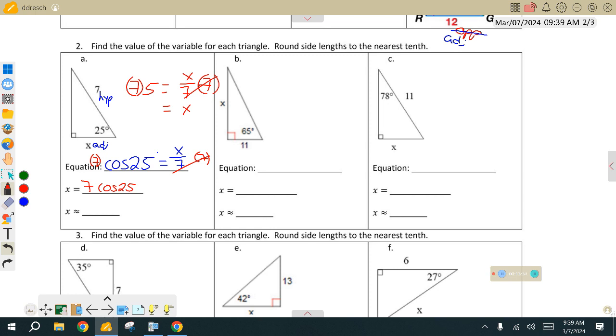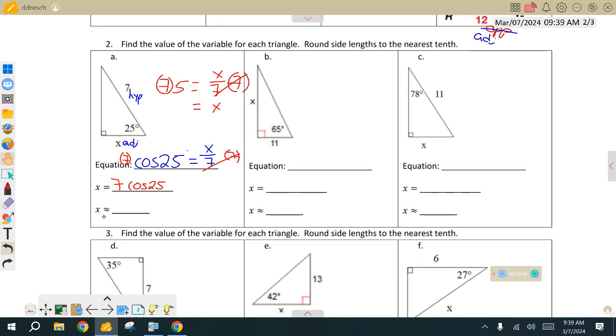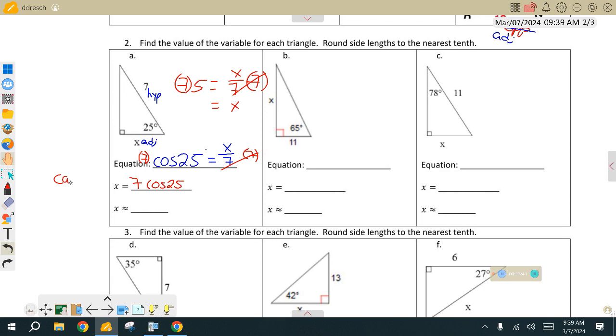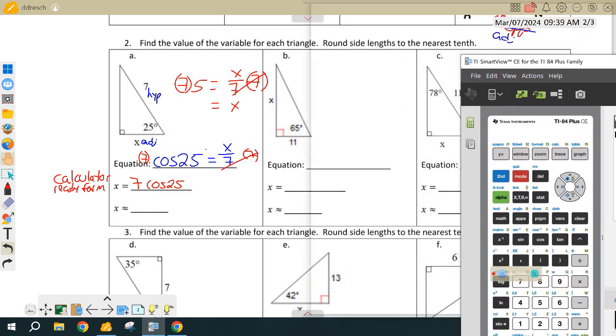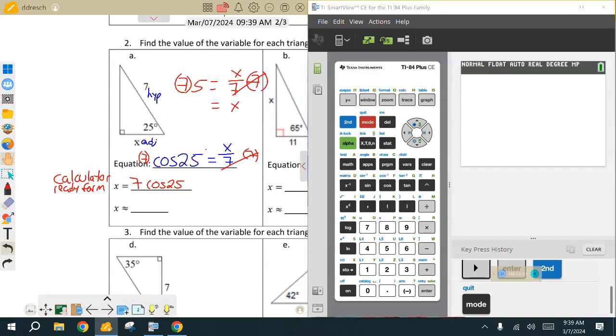This is what we call calculator ready. This is where we want to be. Go to your calculators now and type that in. It is in calculator ready form. We're going to find out if you are in degree mode.